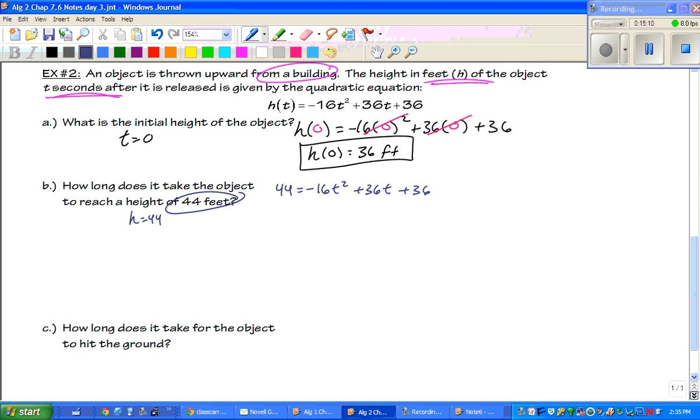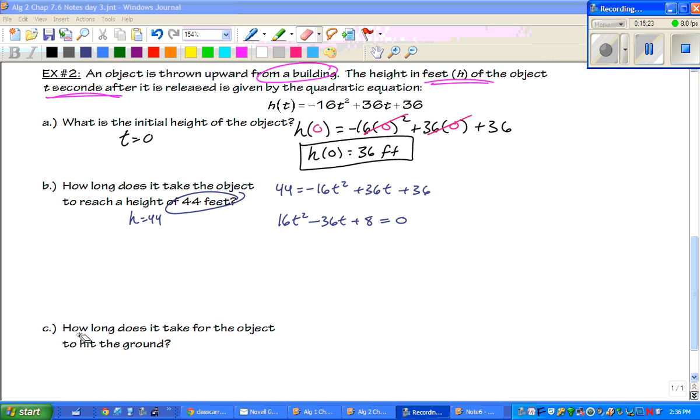Go ahead and pause the video and see if you can move everything around so one side equals 0 and your leading coefficient is positive. When you do that, you should get 16t squared minus 36t plus 8 equals 0.